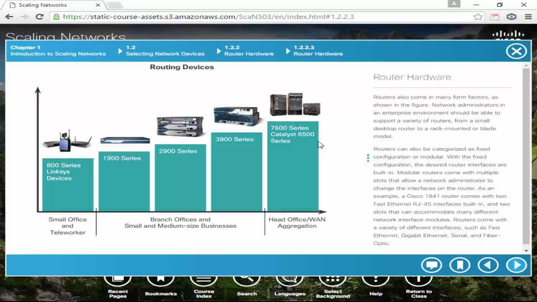As an example, a Cisco 1841 router comes with two Fast Ethernet RJ45 interfaces built in and two slots that can accommodate many different network interface modules. Routers come with a variety of different interfaces such as Fast Ethernet, gigabit, serial, and fiber optic.